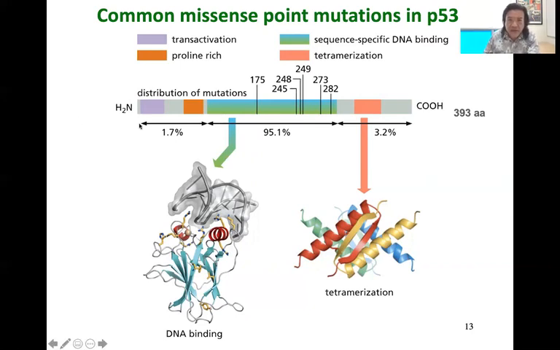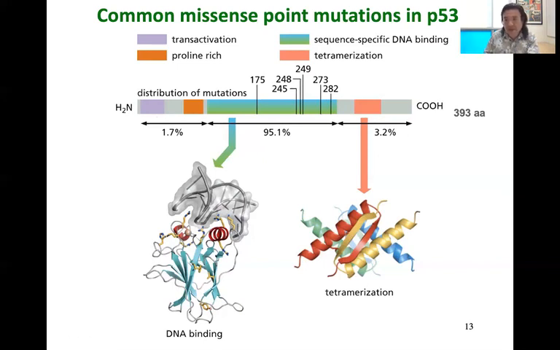So if we look at the functional domains of the p53 protein. So here it is. Here's the N-terminal end of the protein, the peptide, and here's the carboxyl terminal end, so the N-terminal, C-terminal. The whole p53 protein is 393 amino acids, and it can be divided into these different functional regions. This purple region here is what we call the transactivation region.